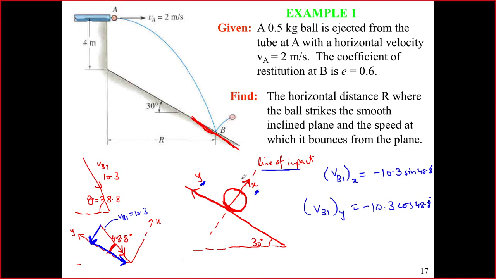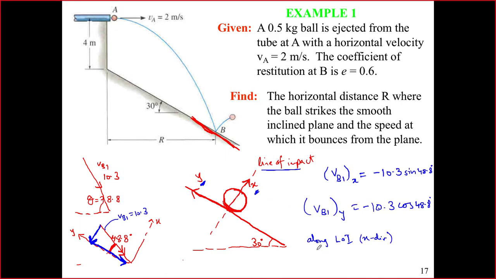Now let me write that down as well. We know that along the line of impact, that is our x direction in this case, we have our internal impulses, meaning some forces act between these two, and that would be the normal force.